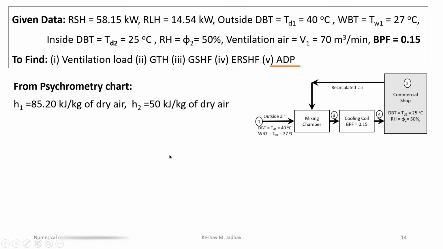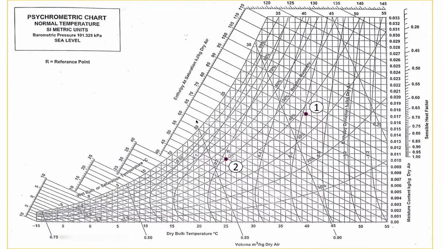To calculate apparatus dew point, we have to draw the process on psychrometry chart. We have already located point 1 and point 2. Now we have effective room sensible heat factor value, which is 0.7663. On the sensible heat factor scale, we can locate this point.